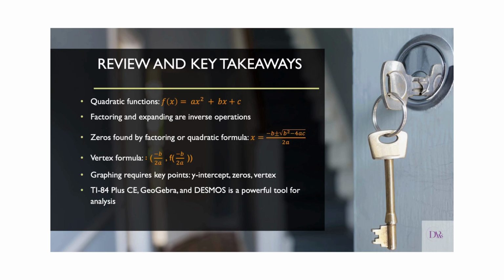The vertex formula is given, and it uses the formula for the axis of symmetry. Graphing requires your key points. Remember, your y-intercept, your zeros, or roots, or x-intercepts, and of course your vertex.